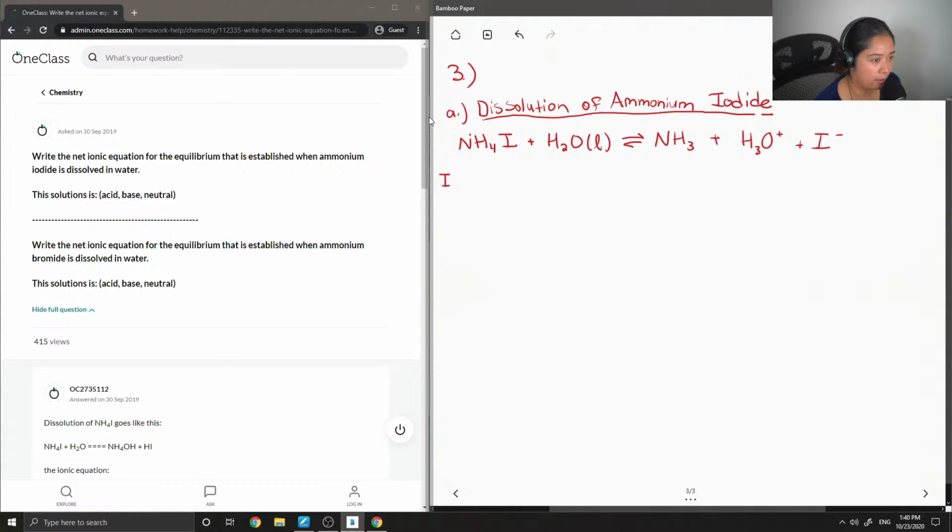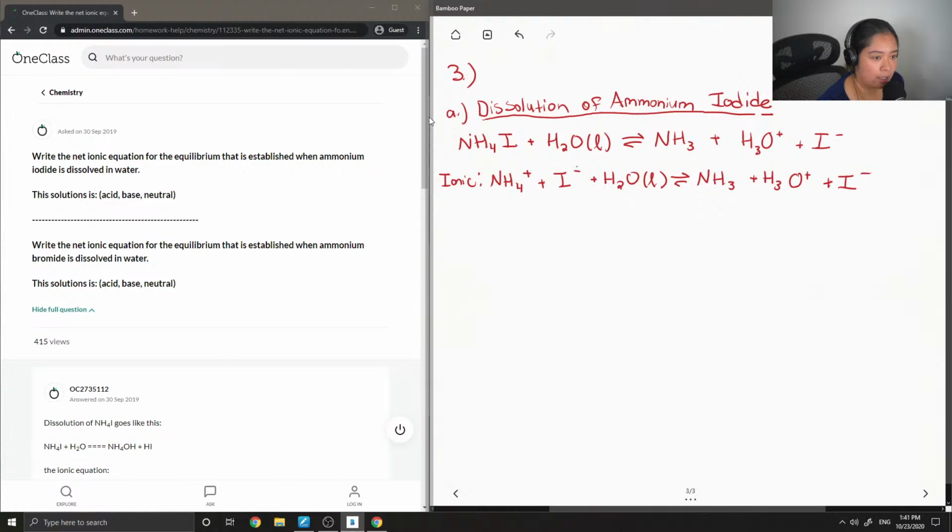So now I'm going to write out the ionic equation. If we were to write ammonium iodide separated into its ions, it would be NH4+ and I-. Since water is a liquid, I'm not going to write it in an ionic form, and then this side stays the same. So now I'm just going to cross out my spectator ions.